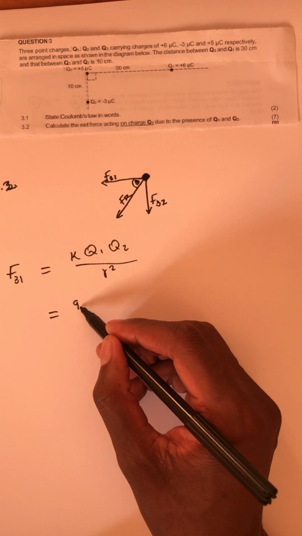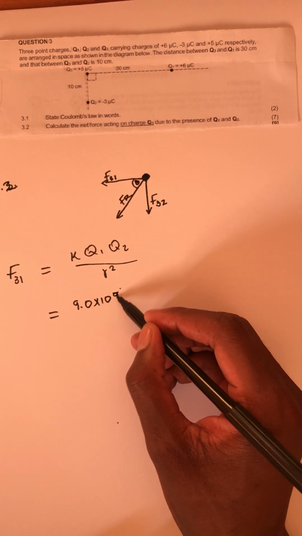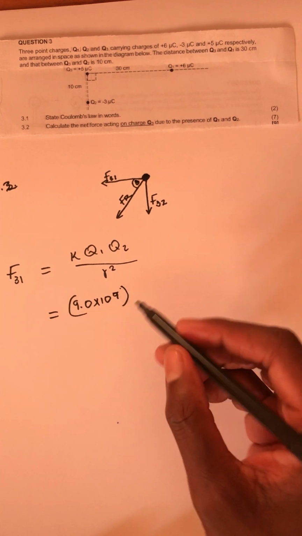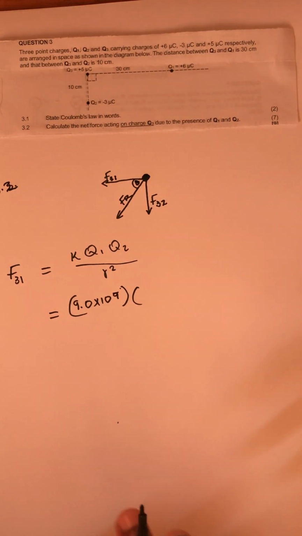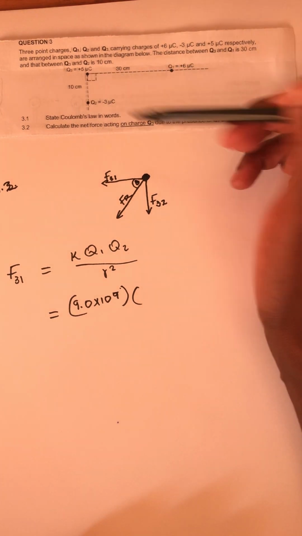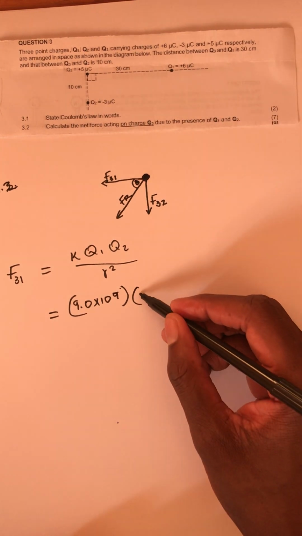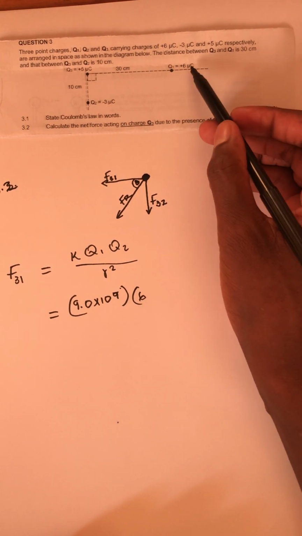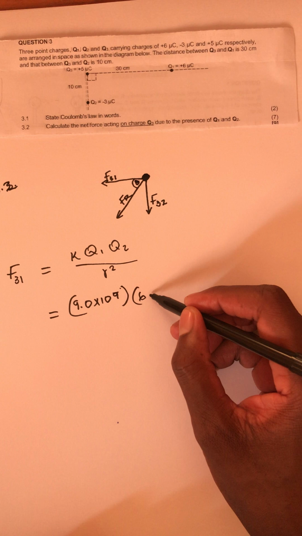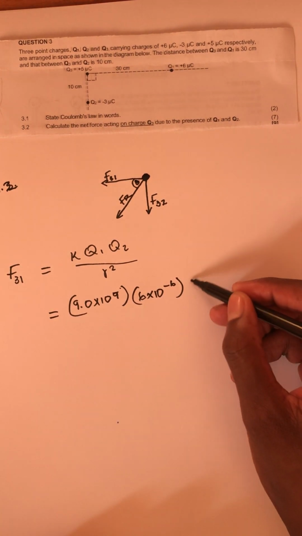K is 9.0 times 10 to the 9. Then charge 1. Now we're talking about charge 1 and charge 3. In charge 1 we have 6 microcoulomb, that means it's 6 times 10 to the negative 6.